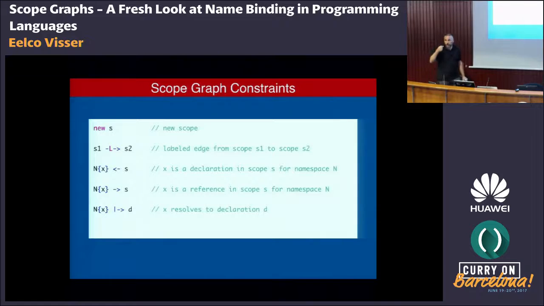And then we have a resolution constraint. So these constraints all are basically building up a scope graph, and the resolution constraint says, well, given this reference X, find me its declaration D by finding a path in a scope graph that is visible, etc. So these are the basic constraints, and then we have constraint generation rules that say, well, now give me the constraints for this expression given this scope.